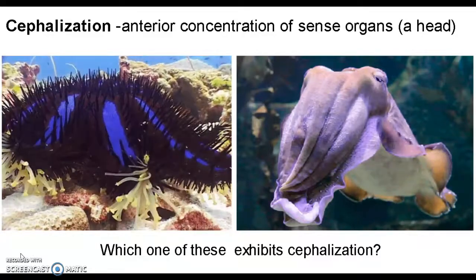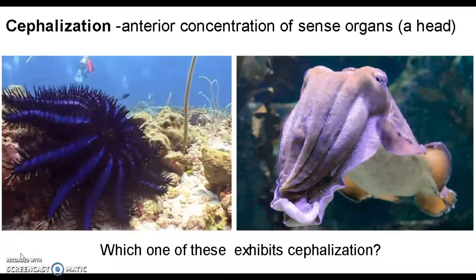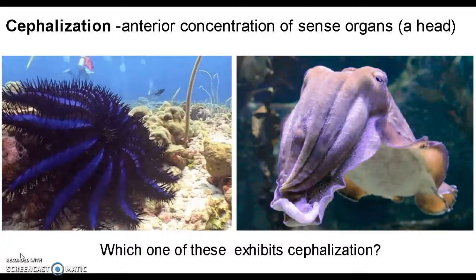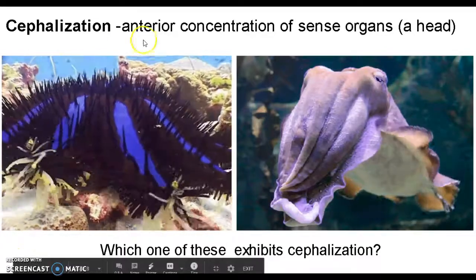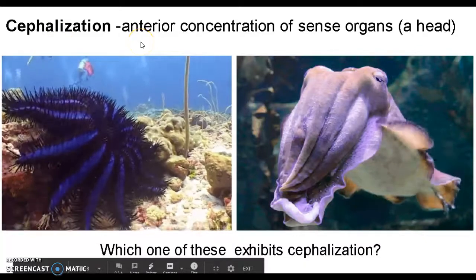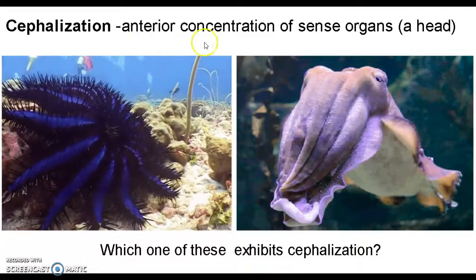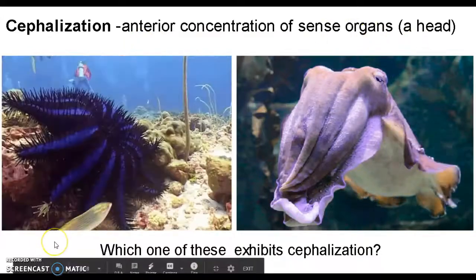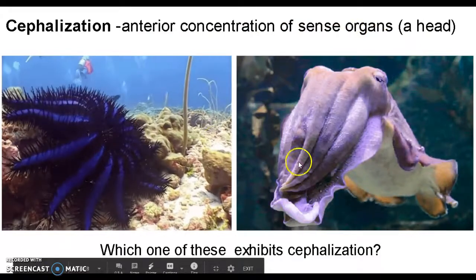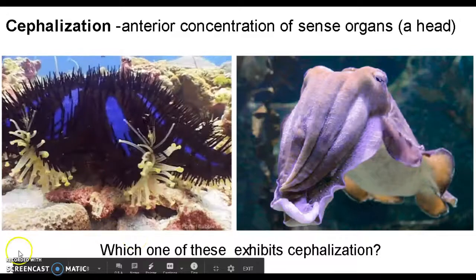If you think of your head, all the senses that are in your head, your eyes, your ears, smell, taste, that is because of this process of cephalization. So all those sensory organs get concentrated in one area of the body. That becomes the head. Which one of these, the starfish or the cuttlefish, exhibits cephalization?